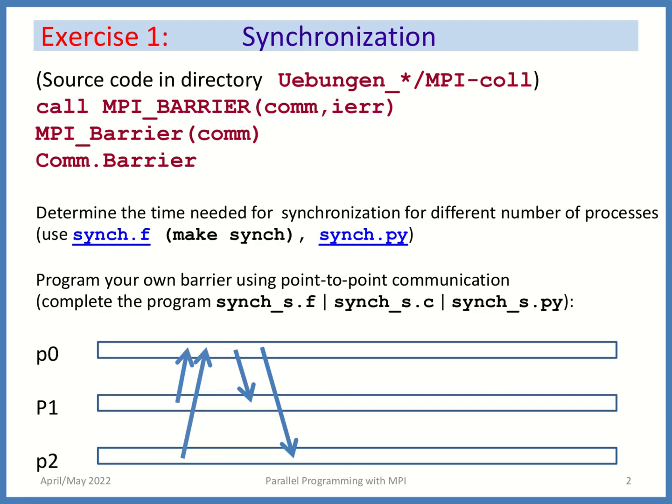So I have written a small program to find out the timing of synchronization. And I will show you this. This is in a directory /MPI-call, and there's a program which is called sync.